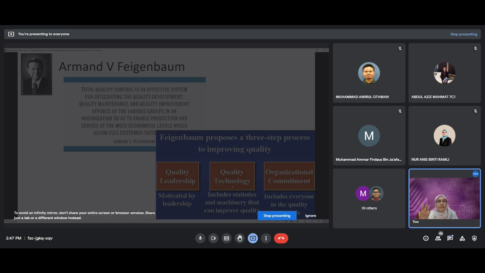It means that statistical techniques are required to analyze the quality control and what action needs to be made, and the machineries that can improve the quality. The third one is organizational commitment. It includes everyone in the organization.